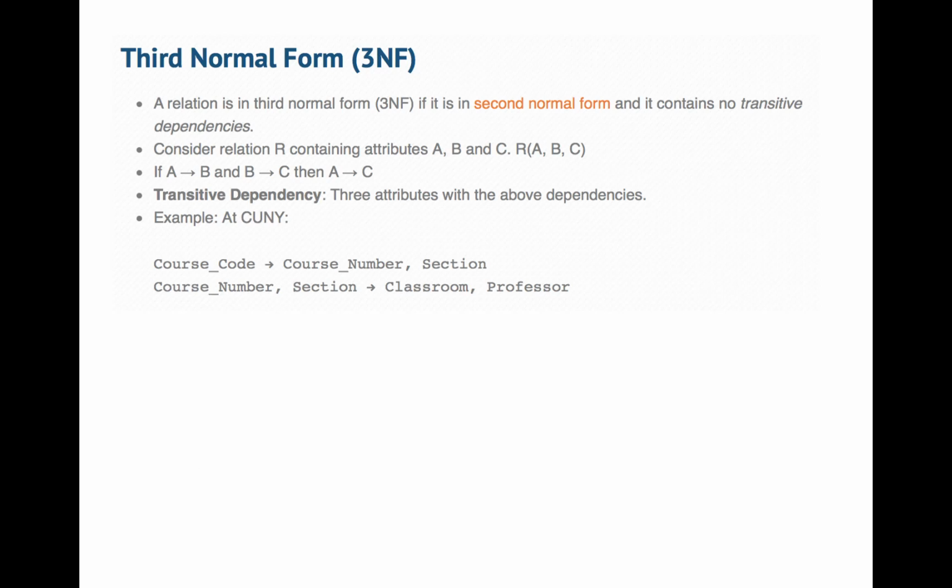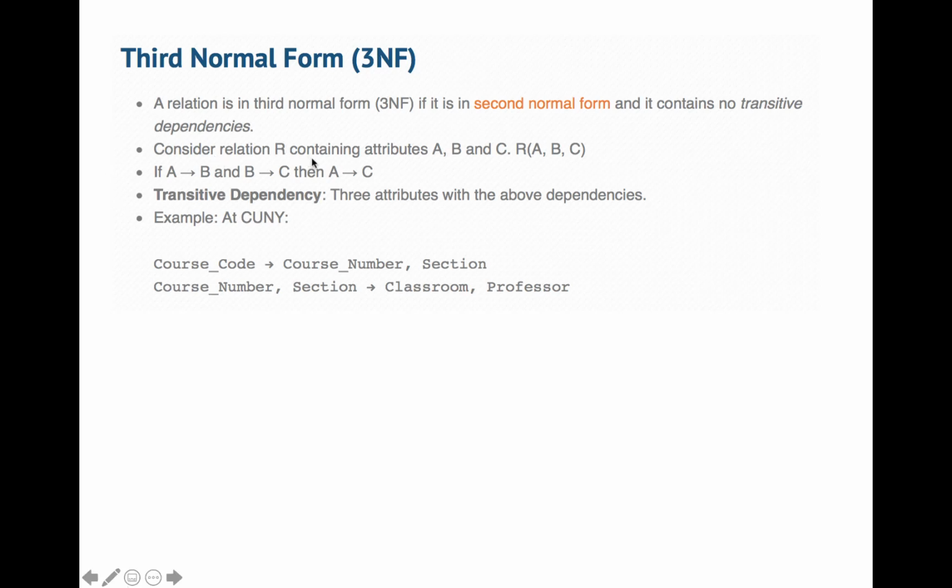Now let's look at the third normal form. A relation is in the third normal form if it is in the second normal form, and in addition to that, it contains no transitive dependencies. What do we mean by transitive dependencies?